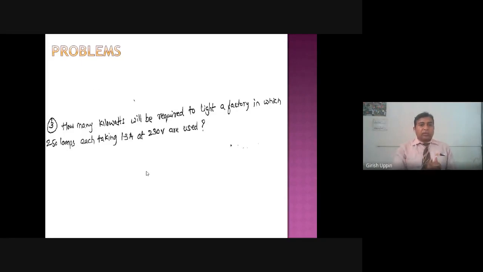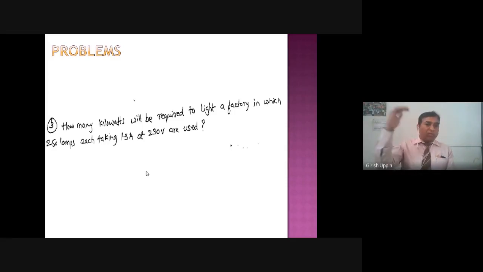Next one. How many kilowatts will be required to light a factory in which 250 lamps, each taking 1.3 amperes at 230 volts, are used?